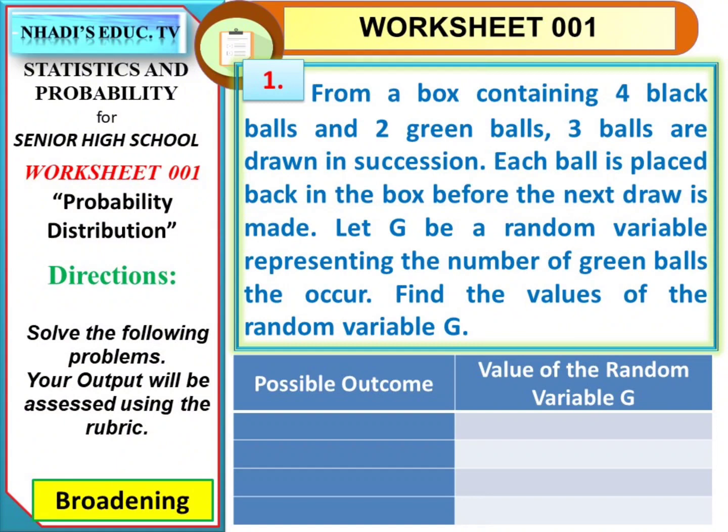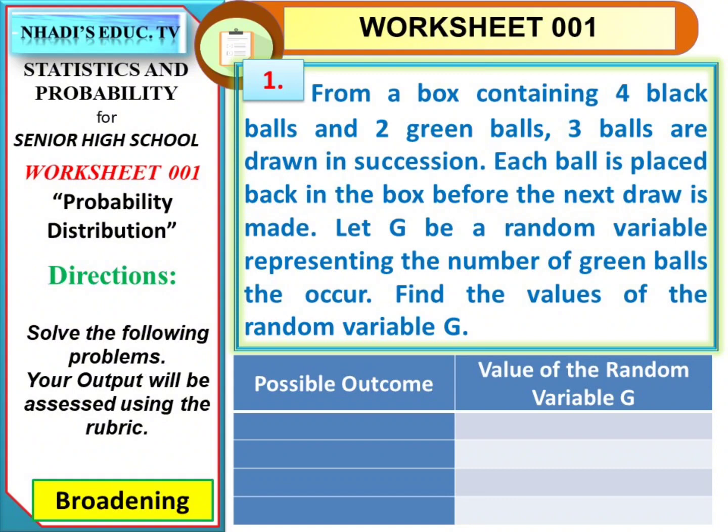Moving on, under broadening, directions: solve the following problems. Your output will be assessed using the rubric next to this slide. Number 1, from a box containing 4 black balls and 2 green balls, 3 balls are drawn in succession. Each ball is placed back in the box before the next draw is made.